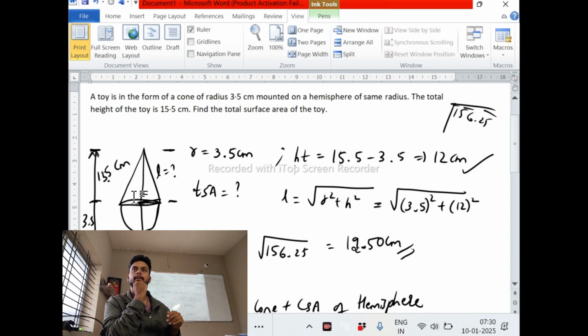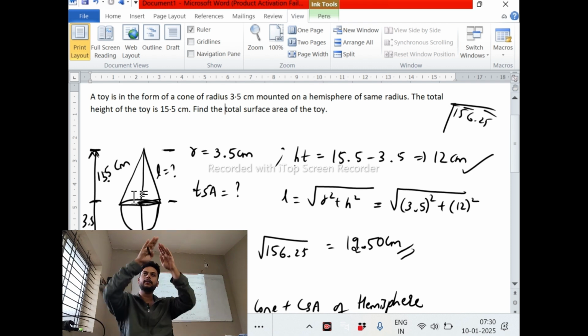For the cone also, only the outer part; we are not considering the inner part. They are asking the total surface area of the toy. Toy means you should consider the whole thing.